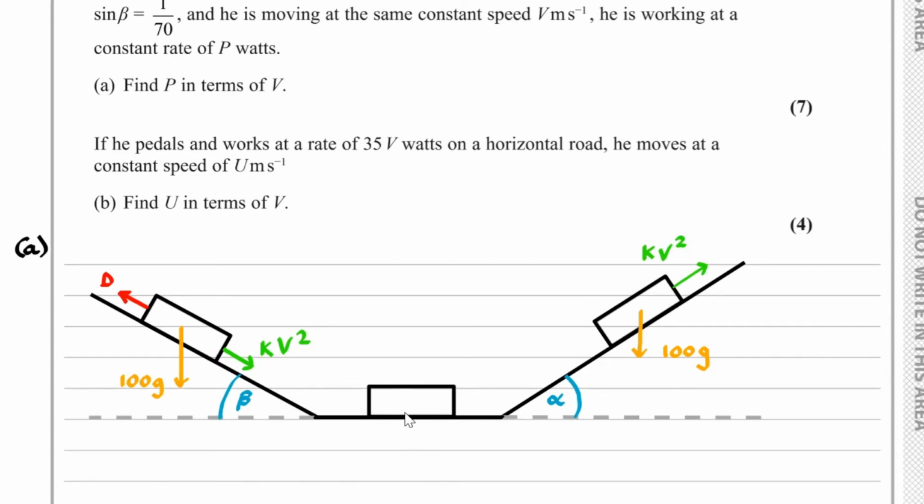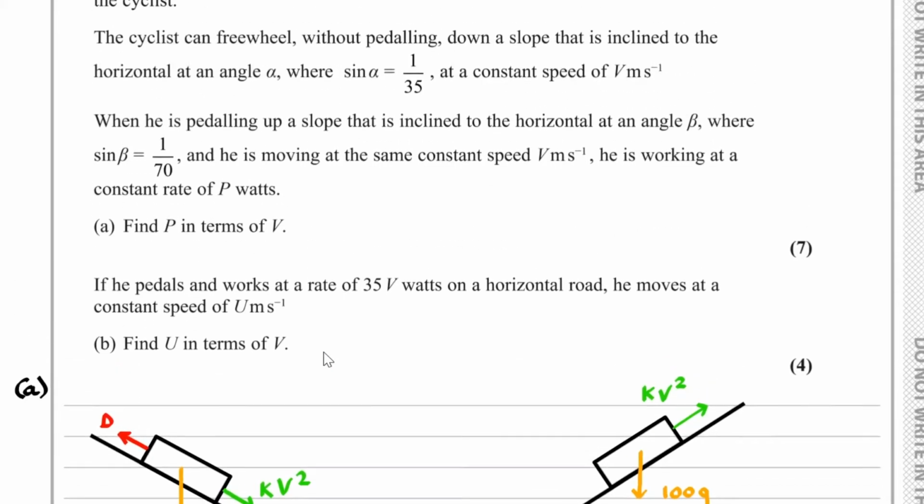So far we don't know anything about what's happening when he's going horizontally, but when he's going up the slope, he's going forward with a force of D. Opposing him is a resistance of kV squared, where v equals v.